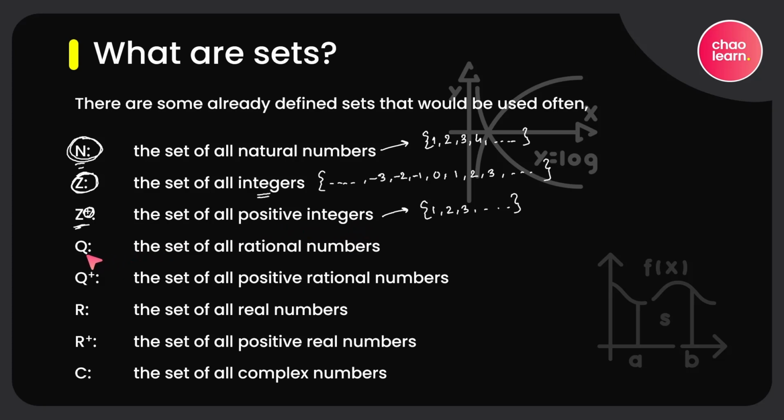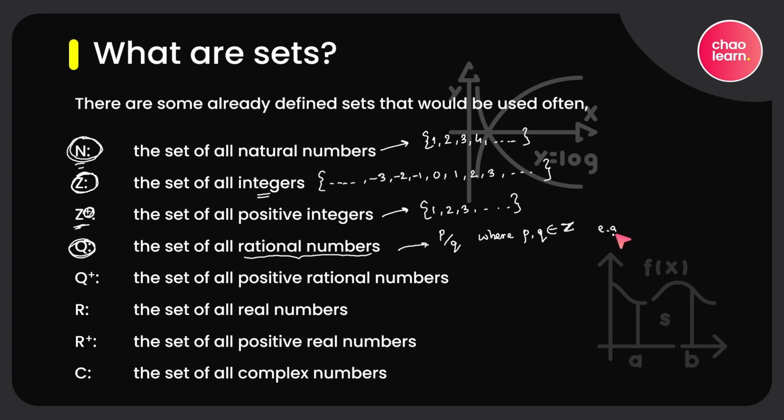Next comes capital Q. Capital Q represents the set of all rational numbers. So what are rational numbers? Rational numbers are the numbers which can be represented in the form of p by q, where p and q both belong to the set of integers. So whenever a number can be represented in the form of p by q, where p and q belong to integers, then this is a rational number.